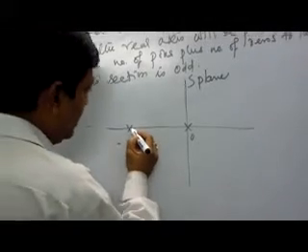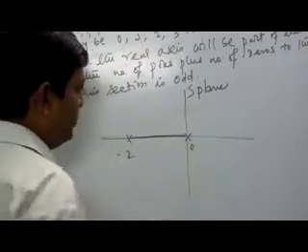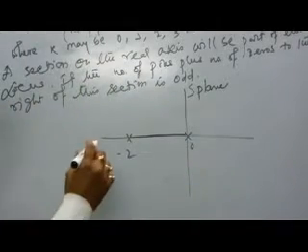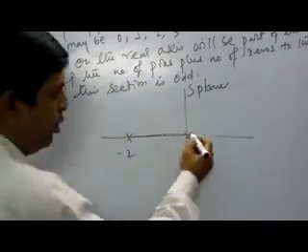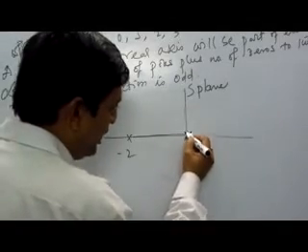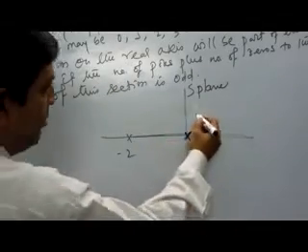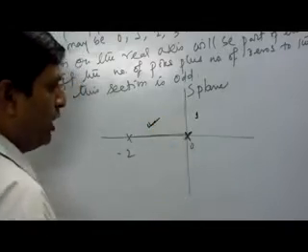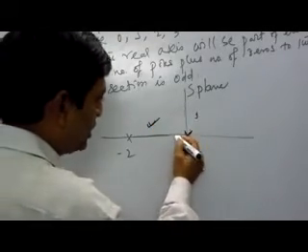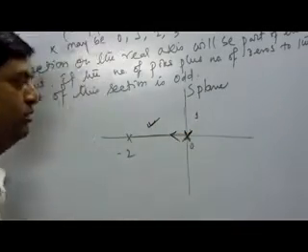Suppose we are taking this section. That means for this section the number of poles plus zeros to the right of this section is only 1. It will take into account only 1. The number is odd. That is why this is a section of the root locus, and so the root locus must go in this direction.